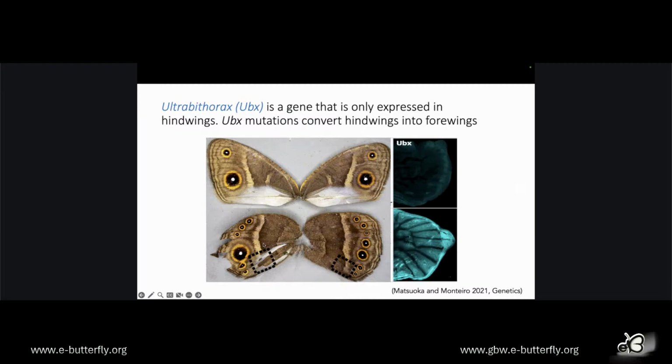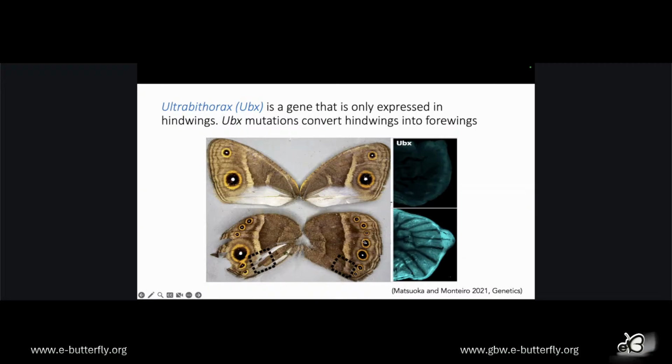And the things that it tweaks is, again, it represses silver scale development over here on the posterior part of the wing, and maybe promotes some of these eye spots from appearing in these sectors, because when you don't have UBX, these eye spots disappear, and promotes larger eye spots on the hind wing in this case.